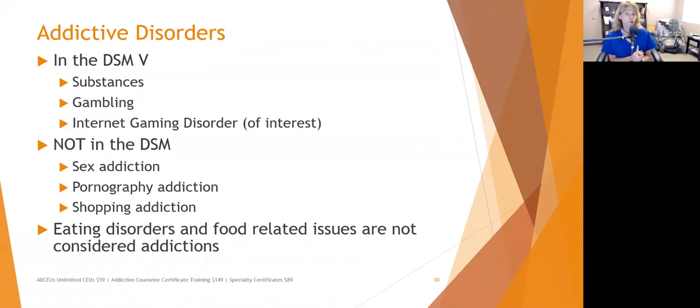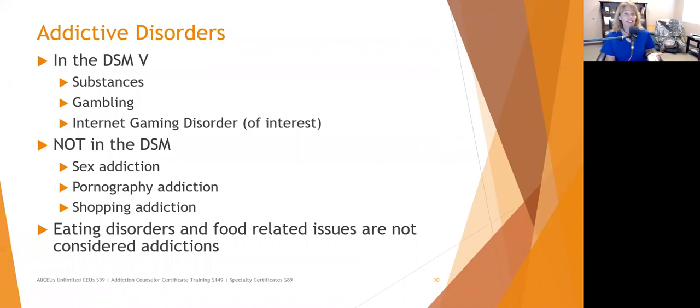Internet gaming disorder has been made a diagnosis of interest, which means it hasn't quite made it in, but they're considering maybe adding it for the next iteration of the DSM. So that's something to be aware of, that they are adding new behavioral addictions. But right now, this only applies to internet gaming, not internet surfing, not pornography, just gaming.